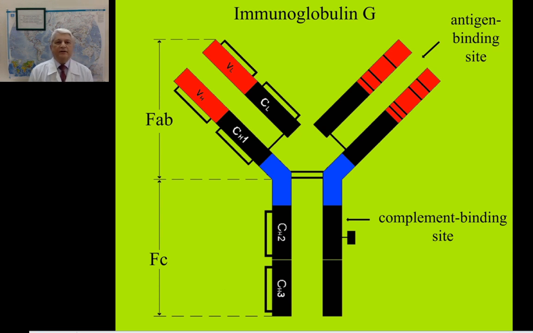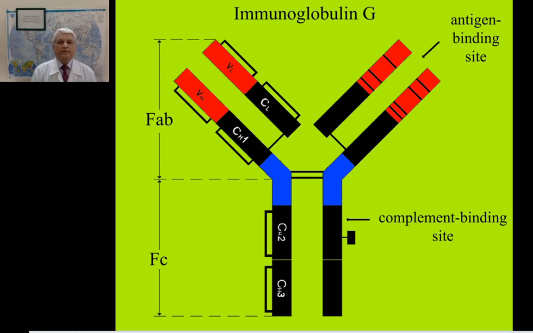And after this interaction of immunoglobulin antibody with the antigen, our immune system is trying to kill antigen. And this is our defense from different sometimes dangerous antigens.